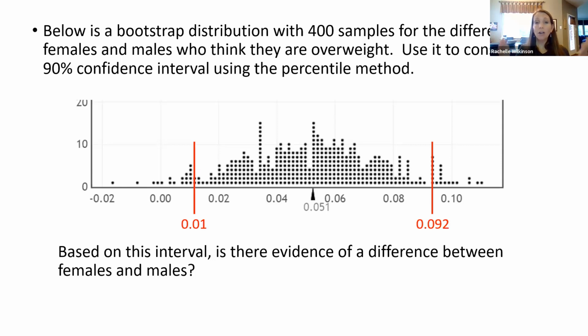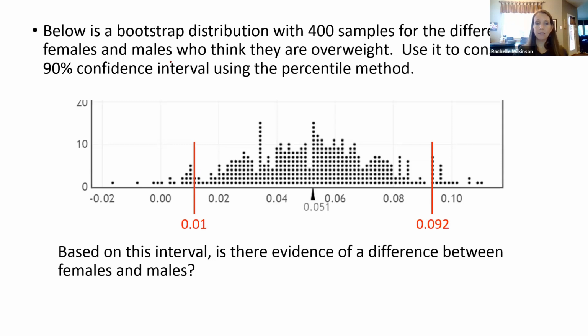And recall that our confidence interval tells us where all the plausible values for the difference are. So if I want to know if there's evidence of a difference, all I have to do is look at my interval and see if 0 is a plausible value. If it's not a plausible value, then there's evidence of a difference. And if it is a plausible value, then there's not evidence of a difference.